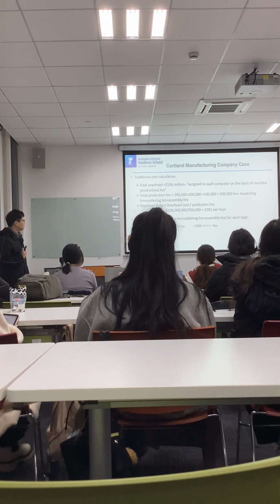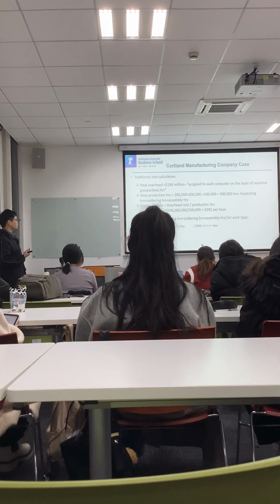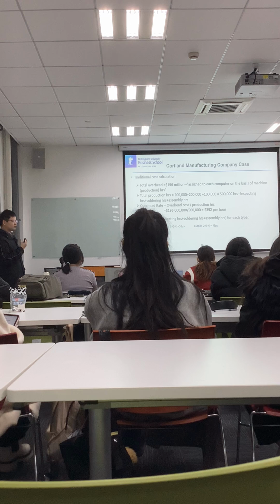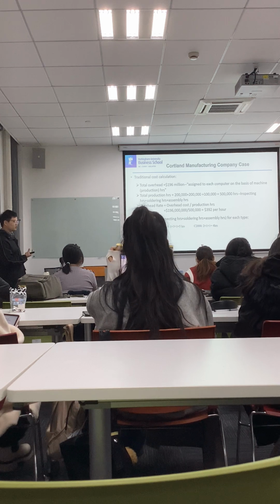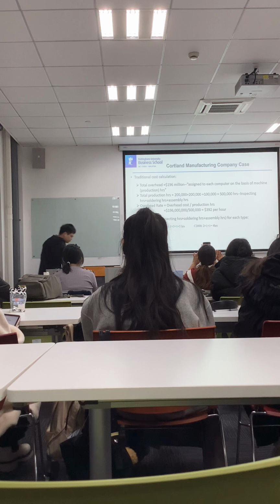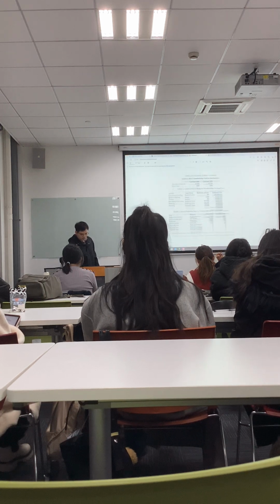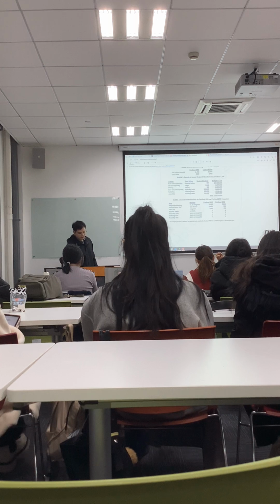Next, we need to calculate, for each type of computer, the amount of the cost driver. The cost driver is machine hour. So from the information in the material, these are the three machine hours.